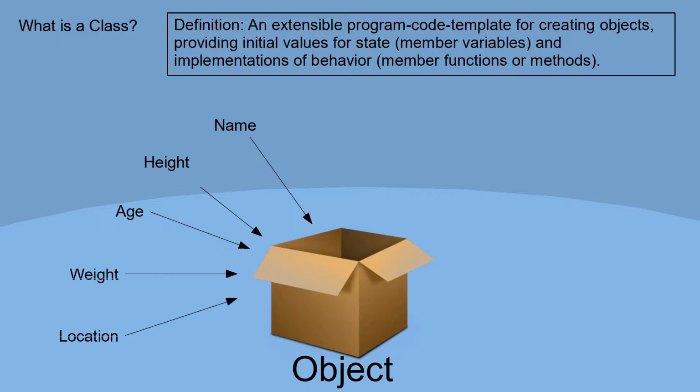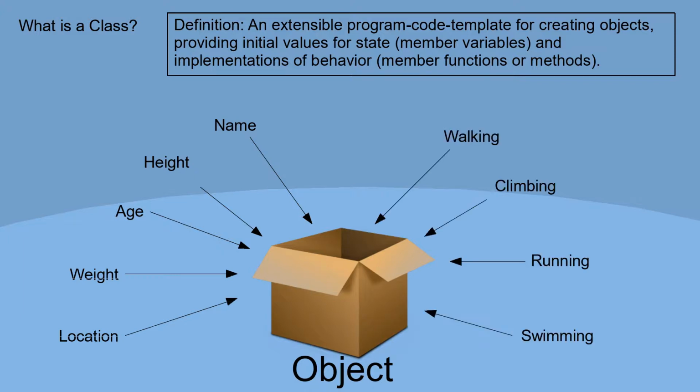That's good. Now we've defined some information about it, but how does it work? Maybe we've added other things like how it walks, how it climbs, what to do when it's running or swimming. Well, this right here is what a class is.